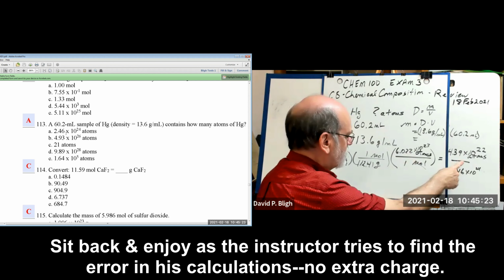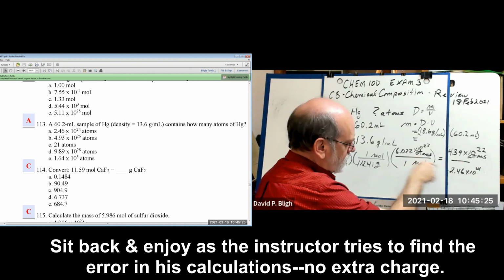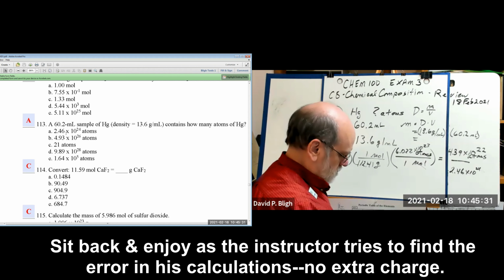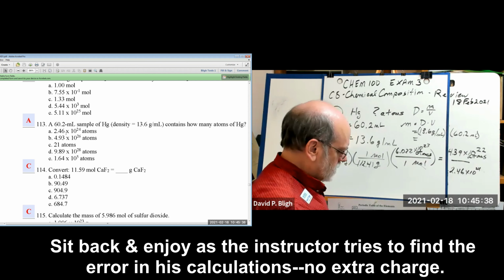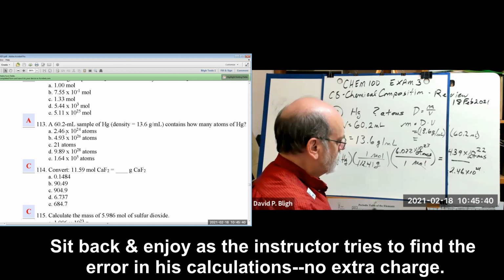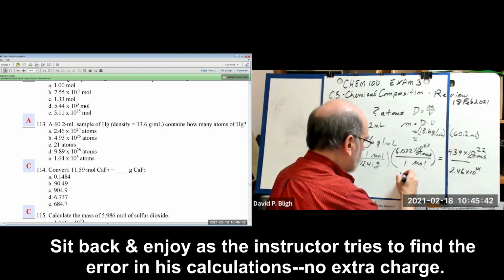If that's atoms, then we divide this one into that one. So that's 4.085. 4.085 moles.